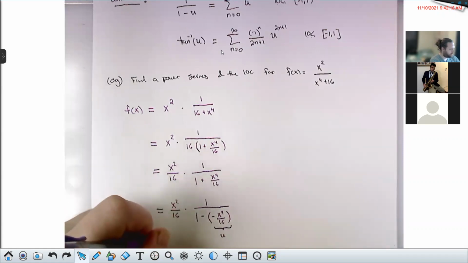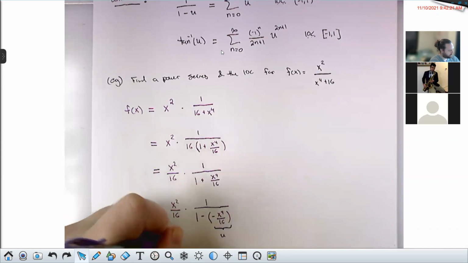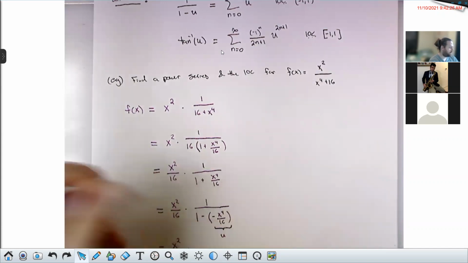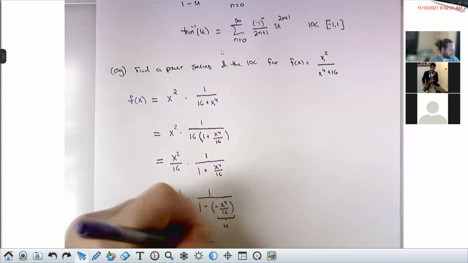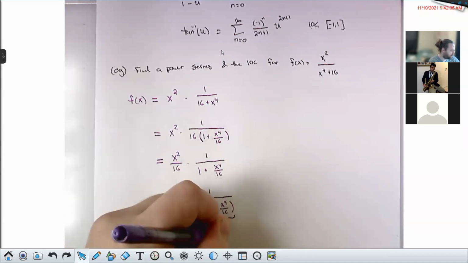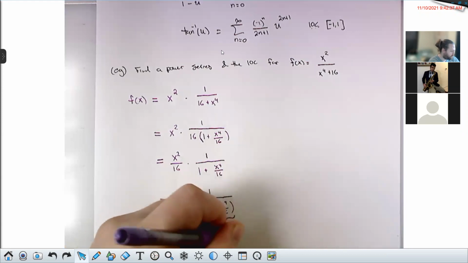And thus, according to my geometric series formula, that fraction 1 over 1 minus this thing is sigma n from 0 to infinity, that thing, negative x to the 4 over 16 to the n.